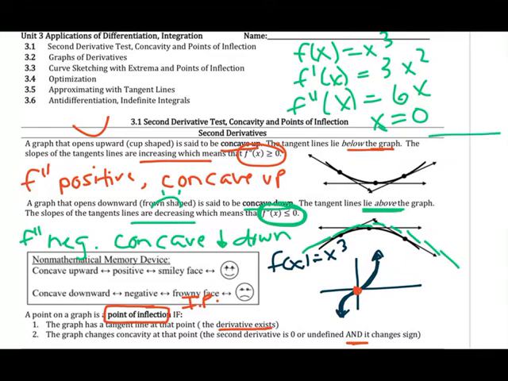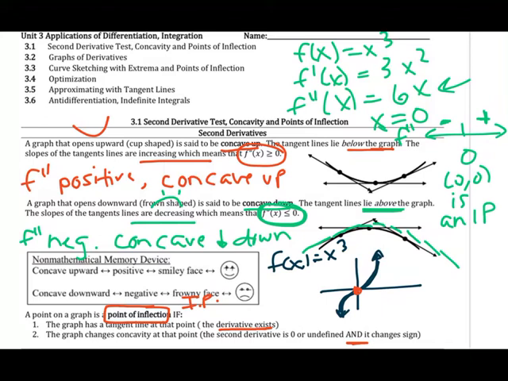And then we need to check, is there a sign change in the second derivative at x equals 0? Well, if I plug in -1 to our second derivative, we would get a negative number, -6. If I plug in +1, I would get a positive number. So there is, in fact, a sign change from negative to positive. So we could say that (0, 0) is an inflection point for the graph f(x) = x^3.